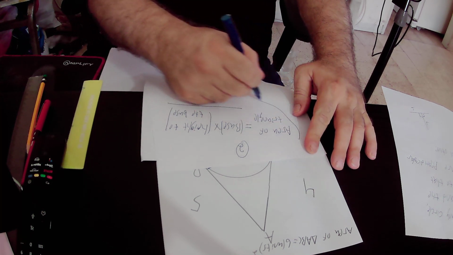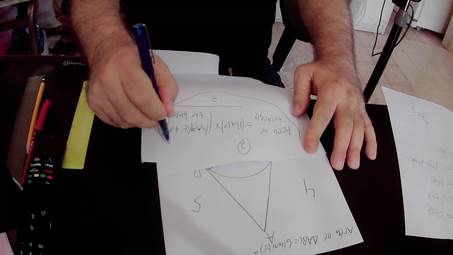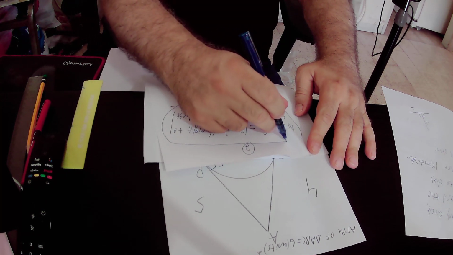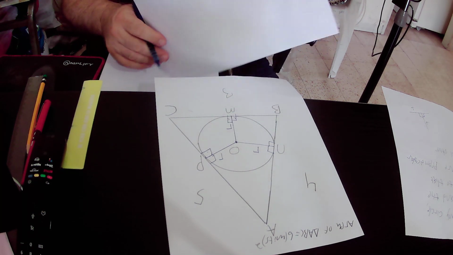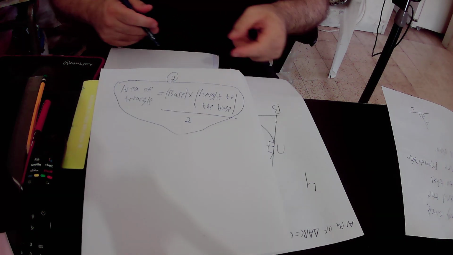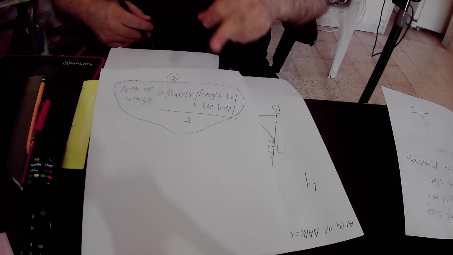Okay? So the formula for the area of any triangle equals the base of the triangle times the height to the base divided by 2.